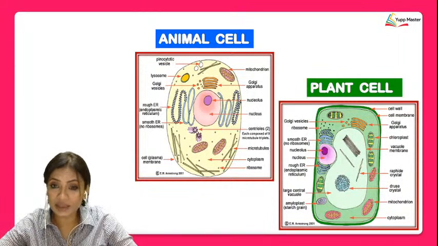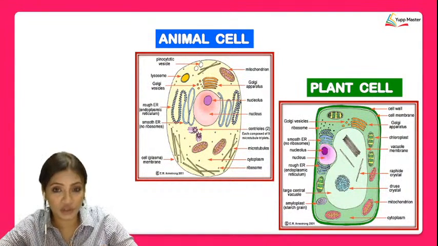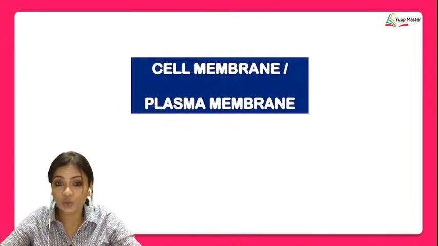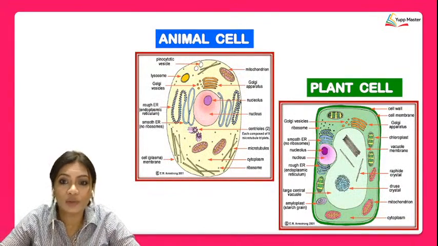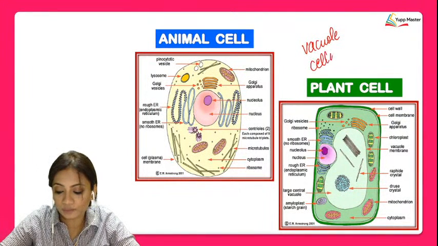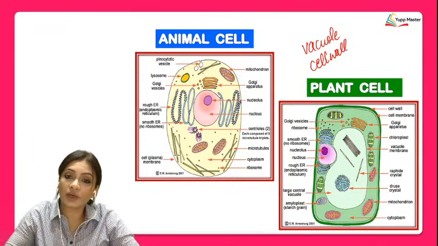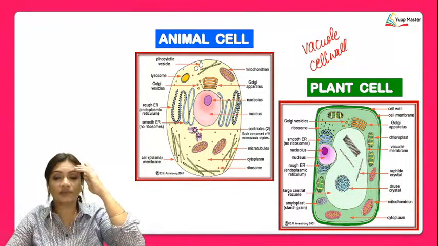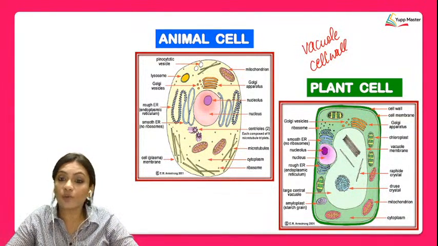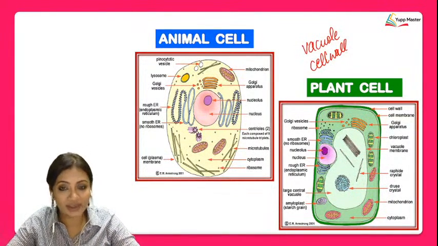First of all, plant cells have large vacuoles, and they also have the presence of a cell wall. Whereas when we talk about the animal cells, the vacuole is either very small or not present at all, and obviously there would be no cell wall in an animal cell.